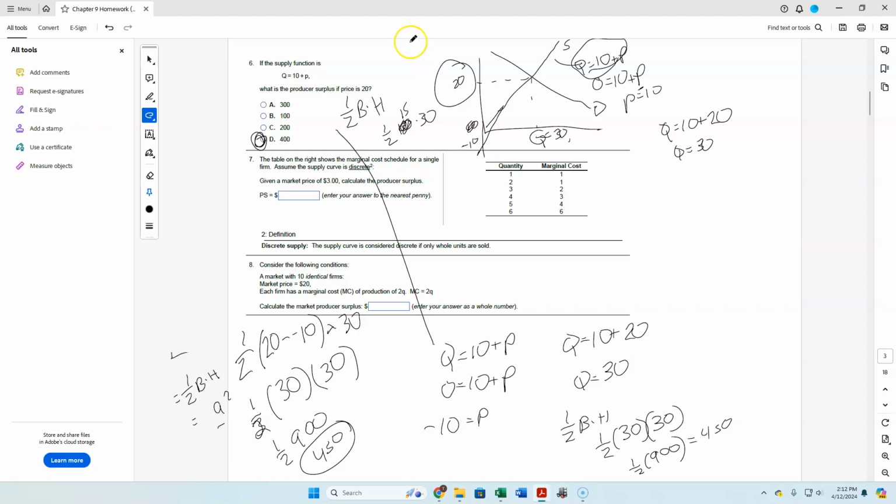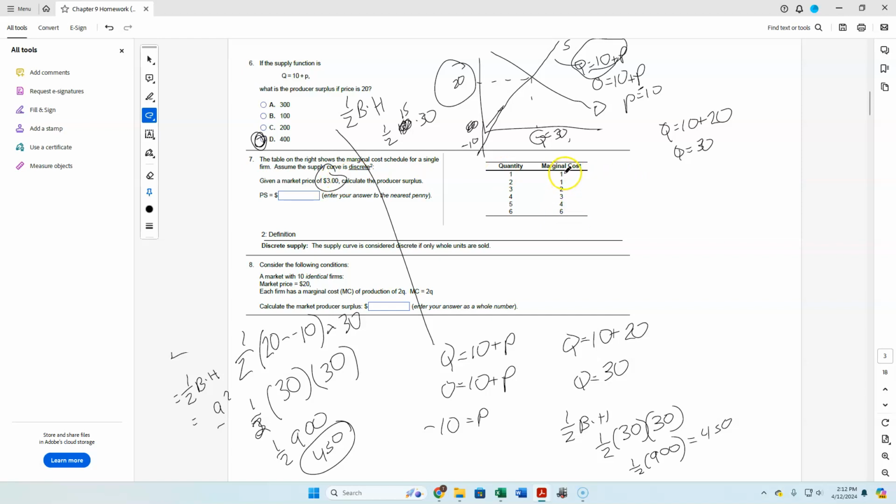If the market price is $3, we need to continually add up the difference between that market price and the various marginal costs.